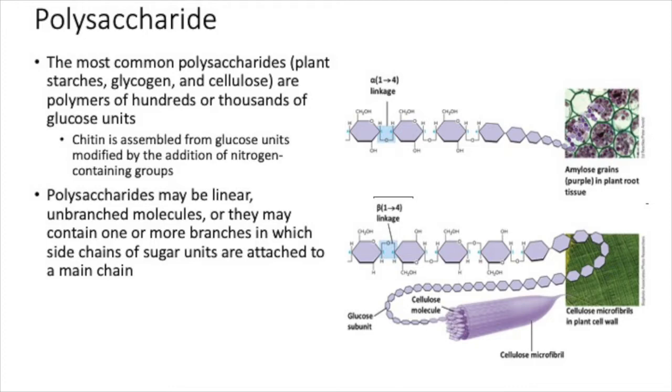So polysaccharides, the most common polysaccharides are starches, glycogen, and cellulose. These are polymers of 100,000 glucose units. So you can have chitin.